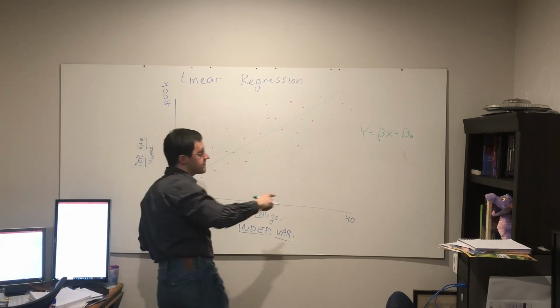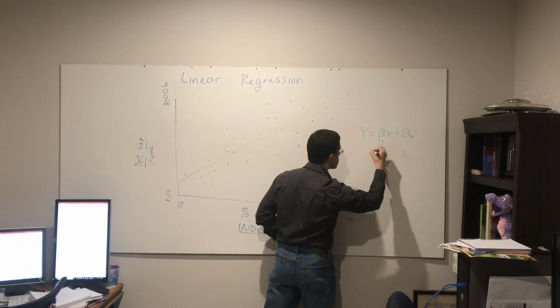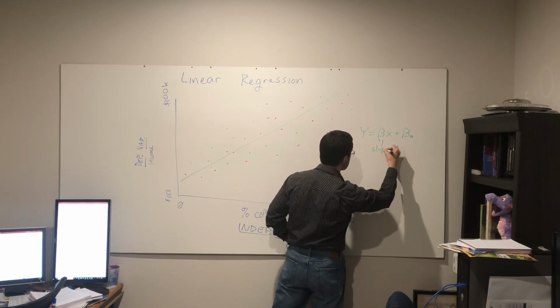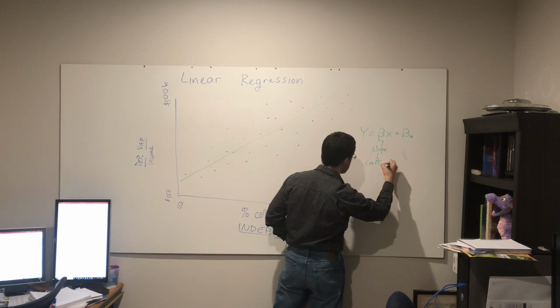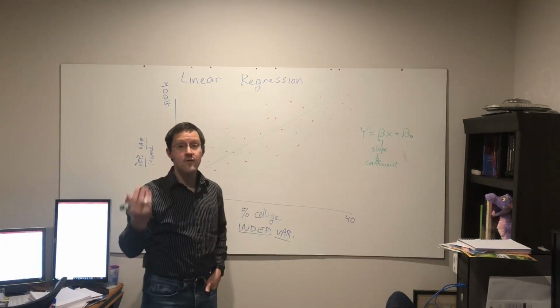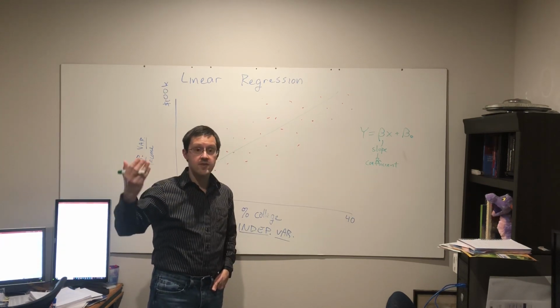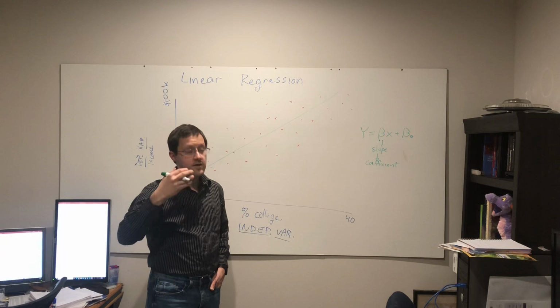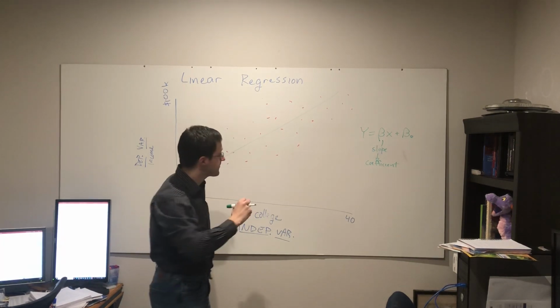The beta here is the slope. You may also see or hear the term coefficient. So that is the coefficient in the equation measuring that relationship.